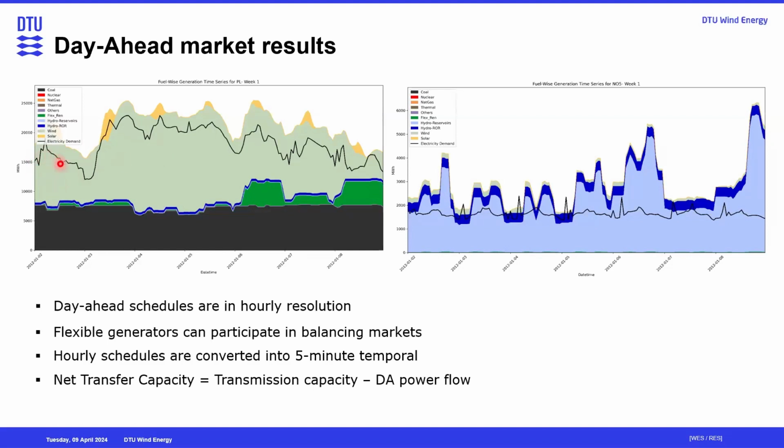And how do I see that? The black line is the demand, and the top up is done by the renewables, right? The greenish curve is the wind, and the yellowish curve is the solar.